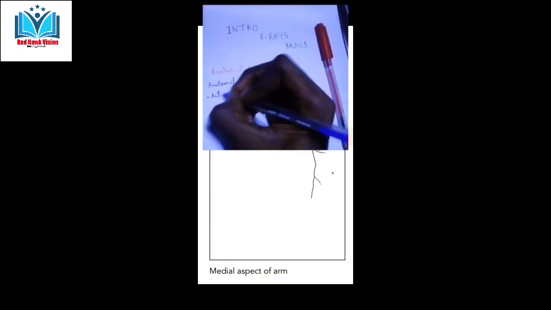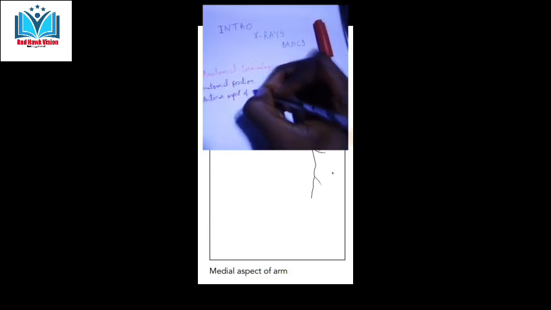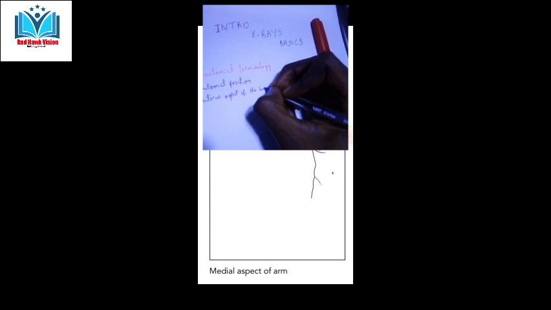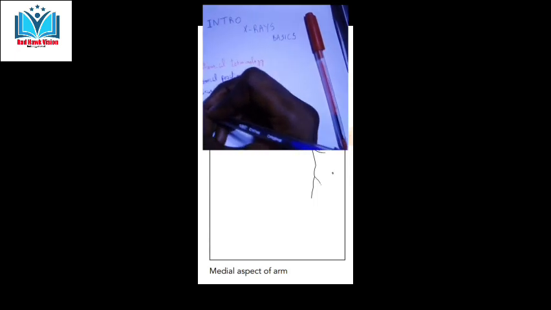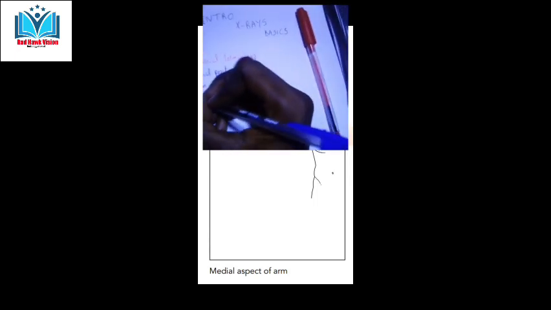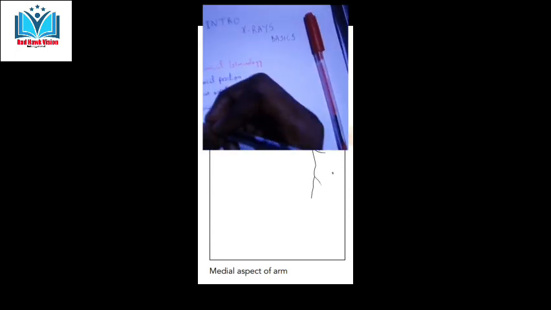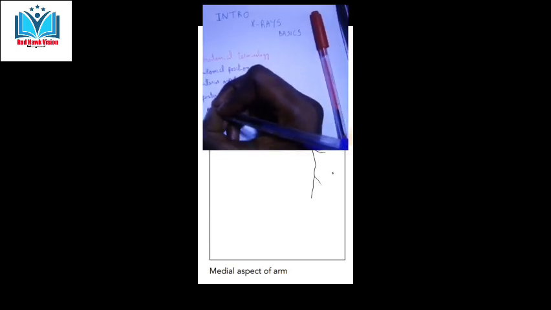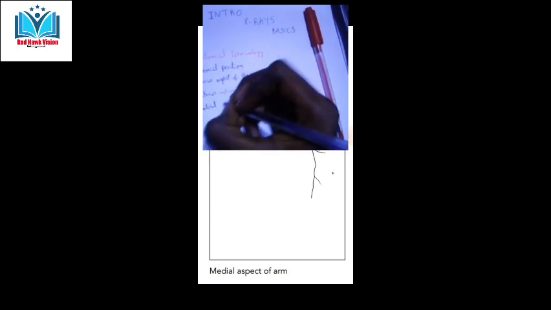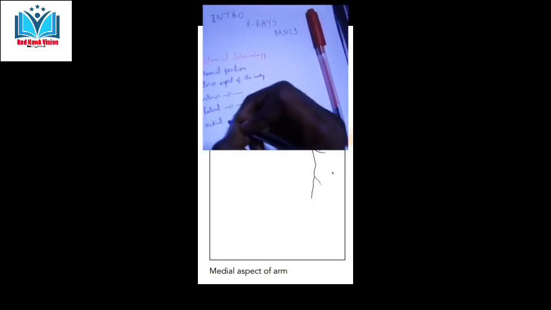We talked about the anterior aspect of the body, the posterior or the dorsal aspect of the body, the lateral aspect of the body, and the medial aspect of the body.